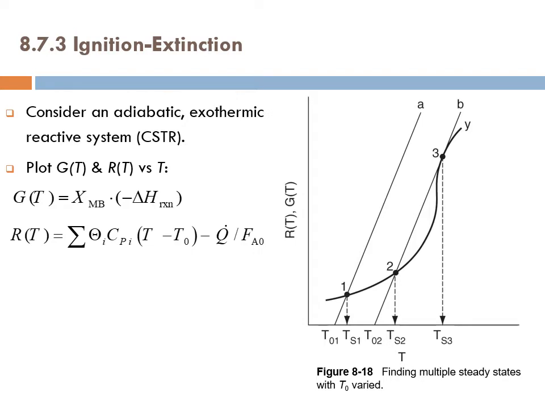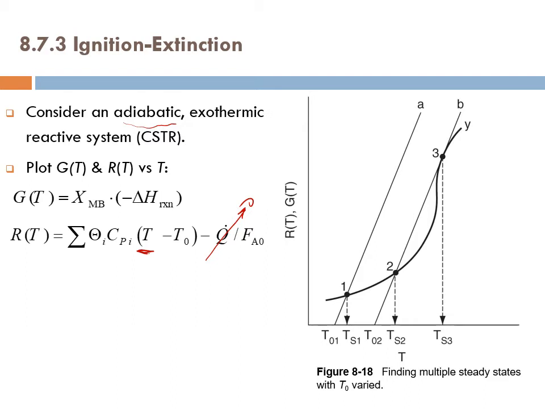And in this specific case, we have an adiabatic reactor, so therefore Q dot goes to 0. And if you look at the R(T) equation in this case, if we have the average values for C_Pi, you can see that we have an equation of a straight line, where you have a slope and you have an intercept.